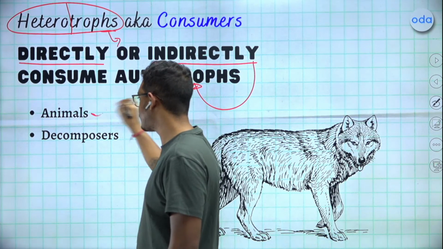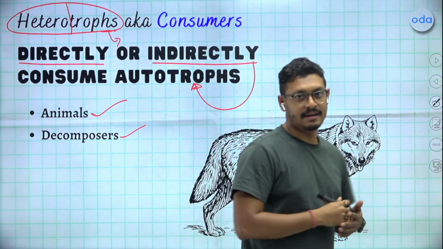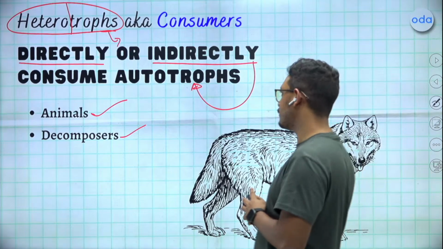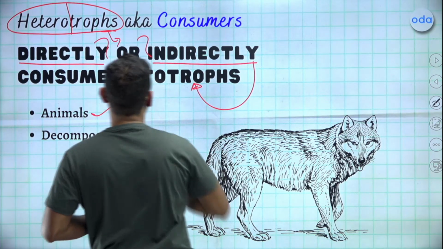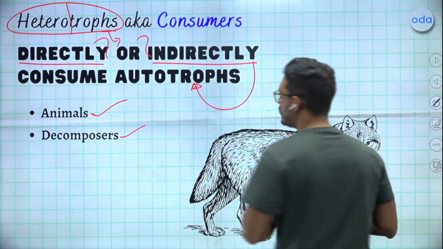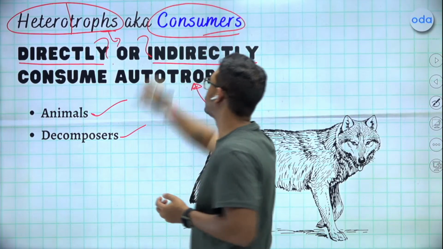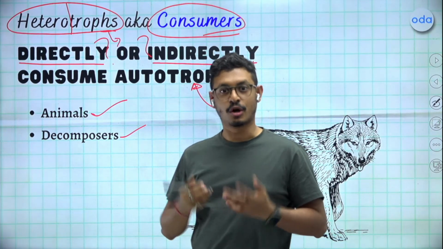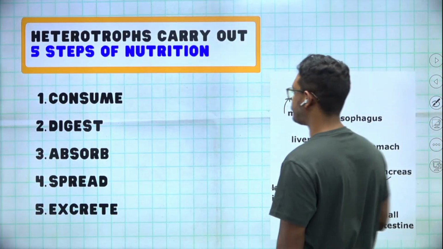They include all the animals that you see, even the decomposers who break down the dead bodies of plants and animals. Now, this question should come to your mind: how are heterotrophs directly or indirectly consuming autotrophs? There is a reason why we call them consumers. So let's get on to that part.